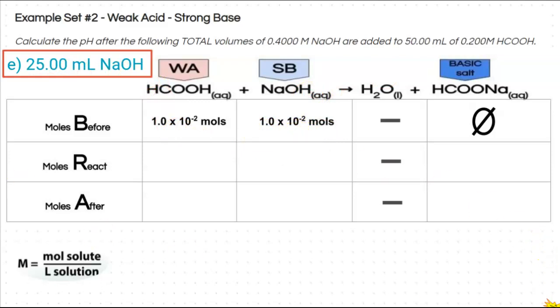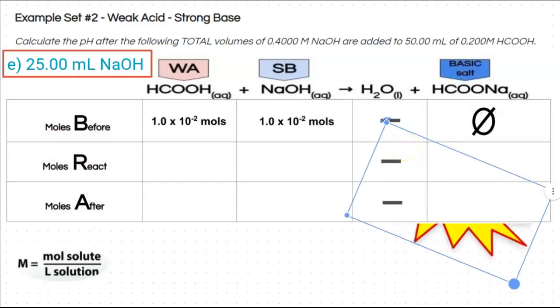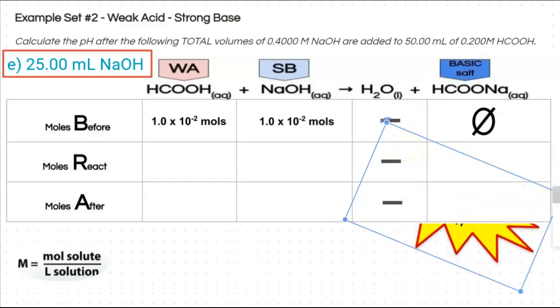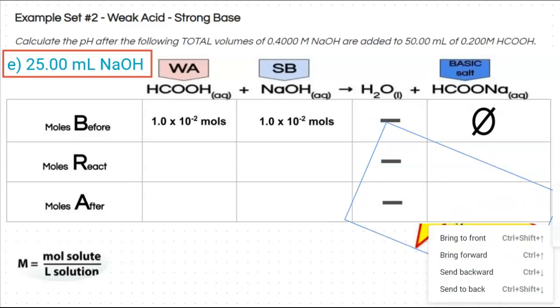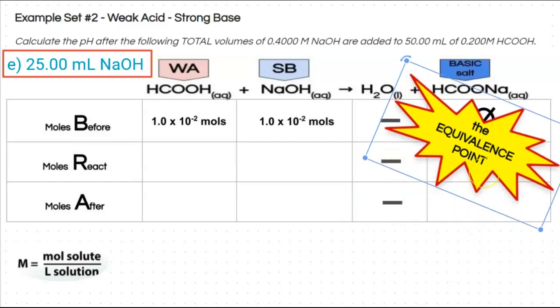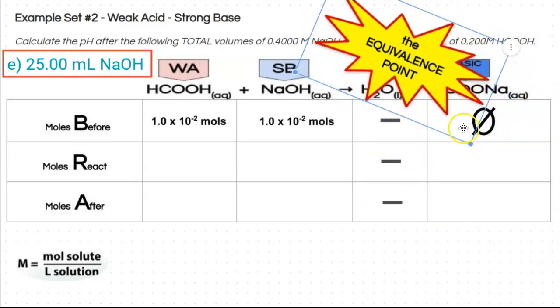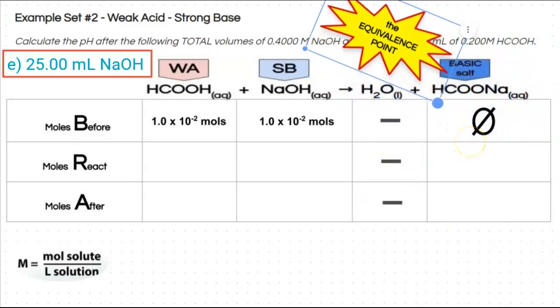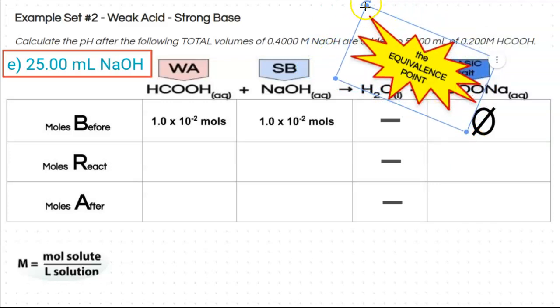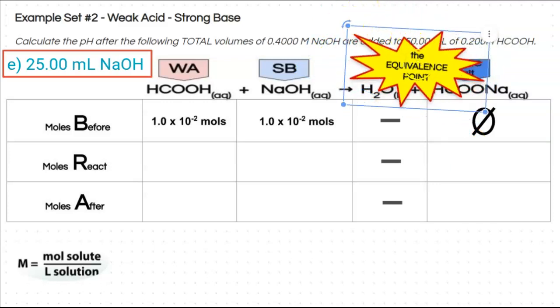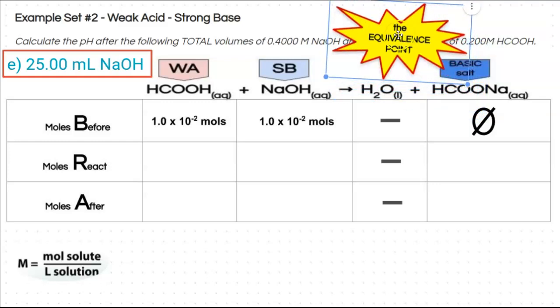So hopefully you recognize that we have arrived someplace very important, and that is the equivalence point. Remember, that's when the moles of our weak acid are equal to the moles of base, or moles of any acid is equal to the moles of any base.